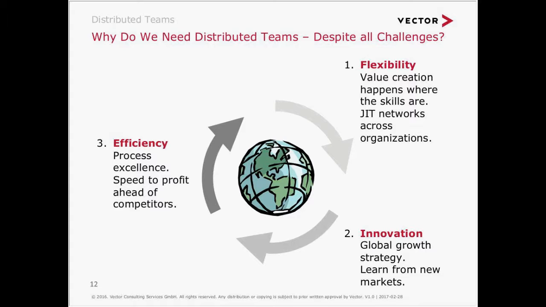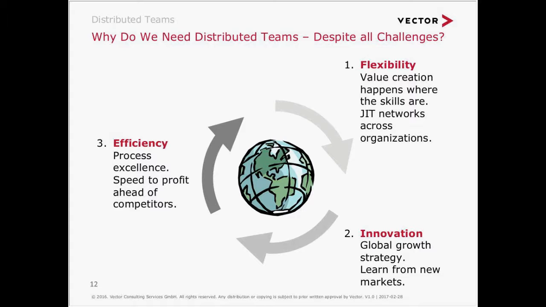So this is a cycle which fuels itself at the moment when you are successful in global projects. You would have more success because you gain efficiency, you gain flexibility, you gain access to distributed and scarce skills and competences, and that in turn makes you even more competitive.